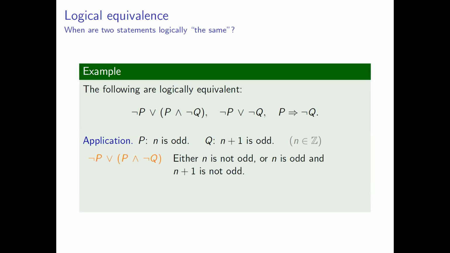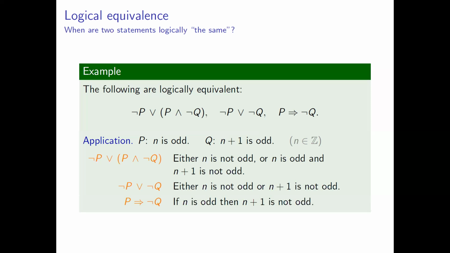The sentence either n is not odd or n is odd and n plus 1 is not odd has propositional form either not P or both P and not Q. This is logically equivalent to the sentence either n is not odd or n plus 1 is not odd, which has the propositional form either not P or not Q. It is also logically equivalent to the sentence if n is odd, then n plus 1 is not odd, which has the propositional form P implies not Q.